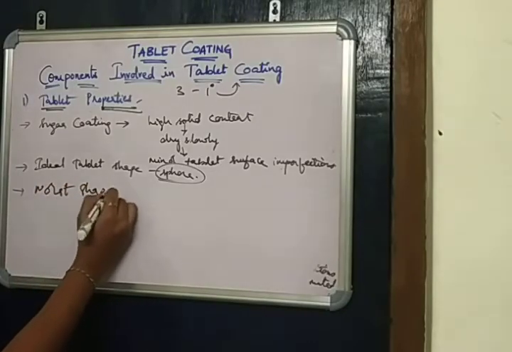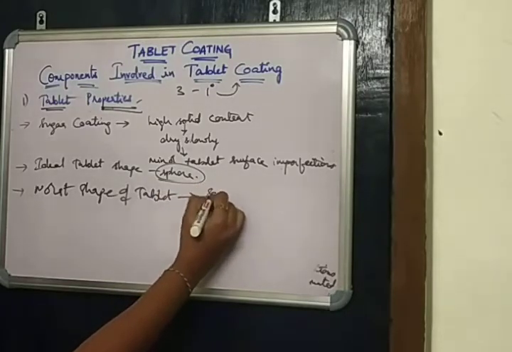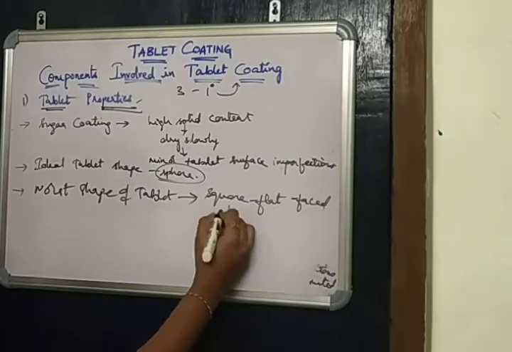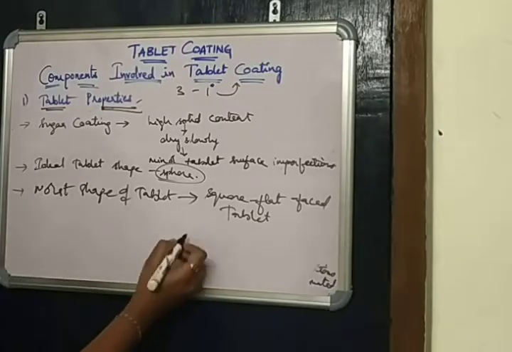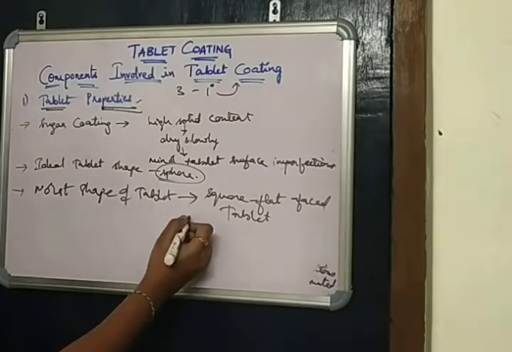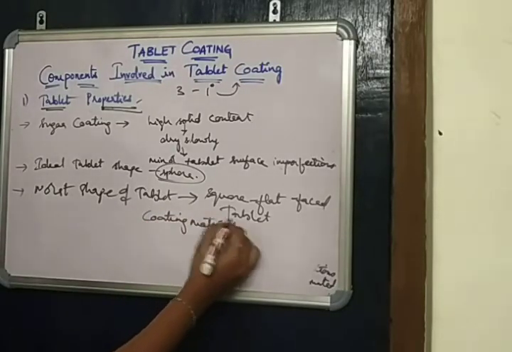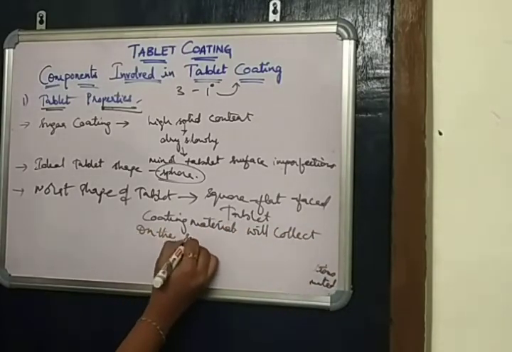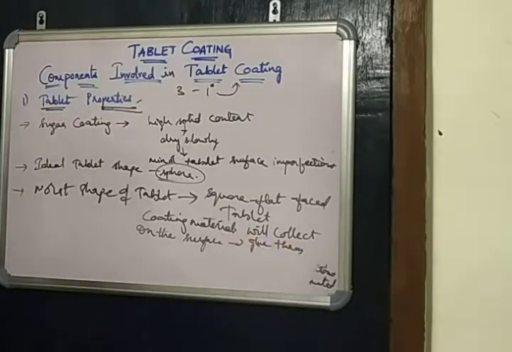The worst shape of tablet is the square, flat-faced tablet, because the coating material will collect between the surfaces and glue them together, like a glue.